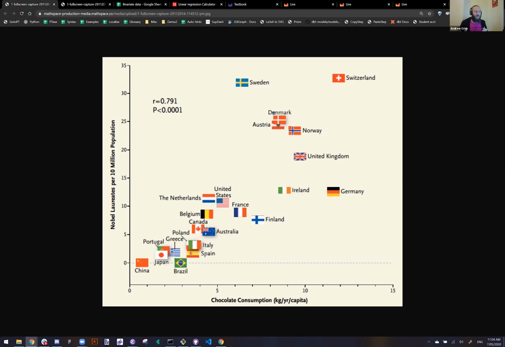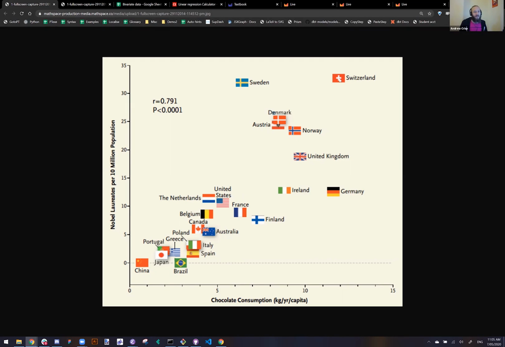So what I have on the screen here is, on the x-axis, the independent variable, chocolate consumption, and then the dependent variable, the Nobel laureates per 10 million population. So what does this look like? Well, it looks like a scatter plot. Japan, for example, has just under 2 kilograms per year per capita of chocolate consumption, and between 1 and 2 Nobel laureates per 10 million population.